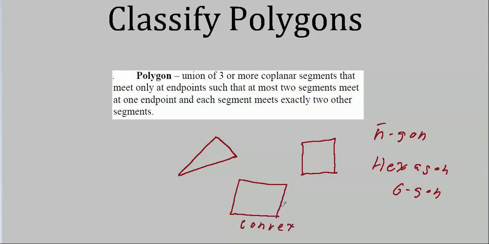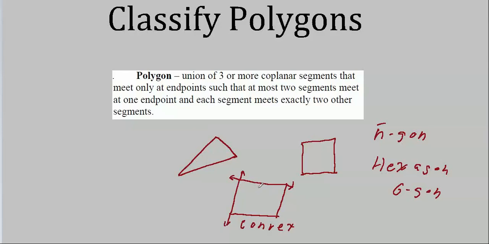That's just a word they used to decide whether, if you were to extend these segments into lines, would they cross the interior of this object, or would they always be on the outside of the object? This is interior, this is exterior. So would they be interior or exterior?